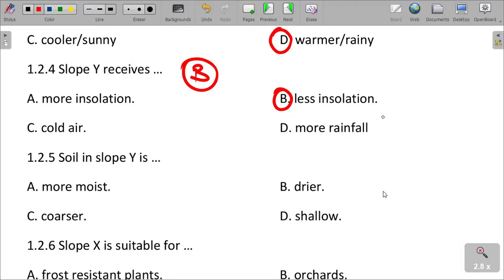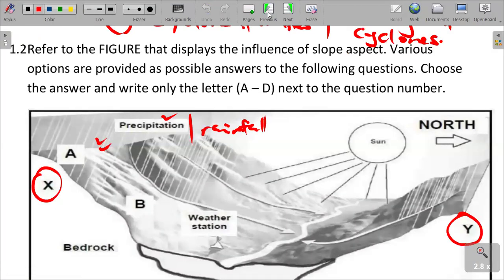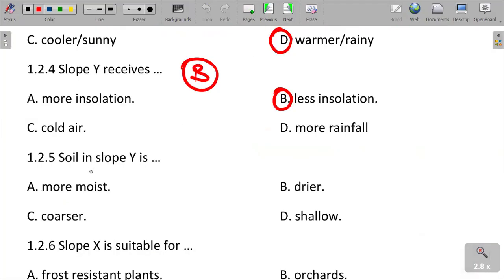Soils in Y are what? If you go again, soils in Y, they cannot dry because of less insolation. So what happens is that soils in Y have more moisture.